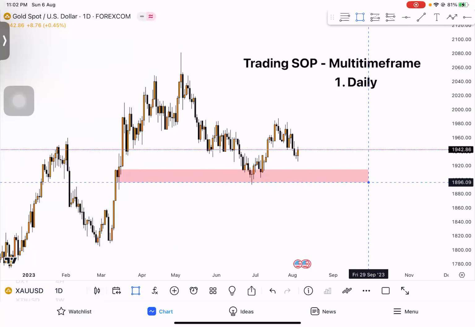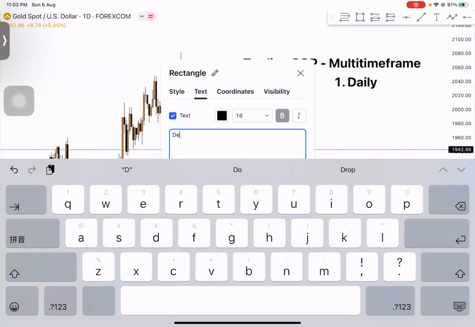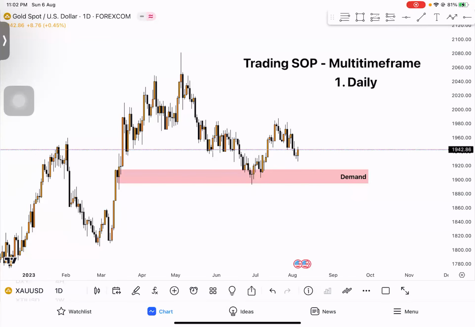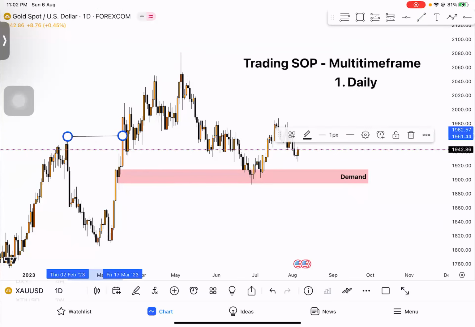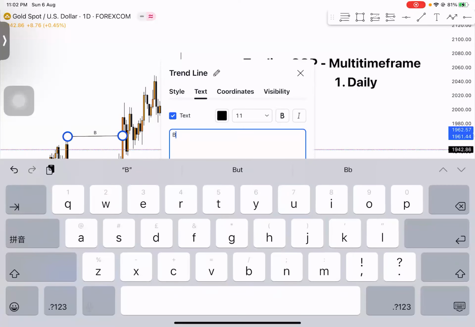This is the first one, what we call the demand zone. I will mark all the key levels for me to monitor first. The previous breakout here shows it is still an uptrend.